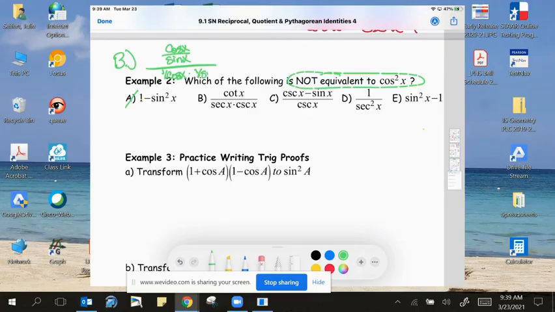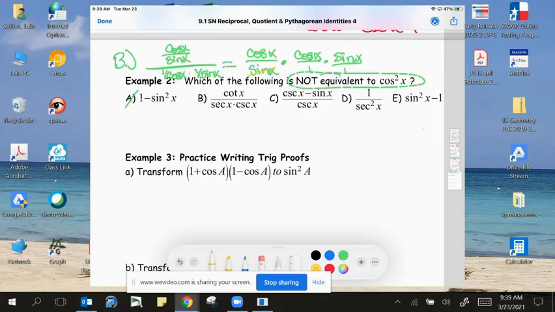Cosecant x is 1 over sine x. So to divide with fractions, leave that first one alone. Cosine x over sine x. Then multiply by the reciprocals in the denominator. So that would end up being multiplying by cosine x over 1 and multiplying by sine x over 1.